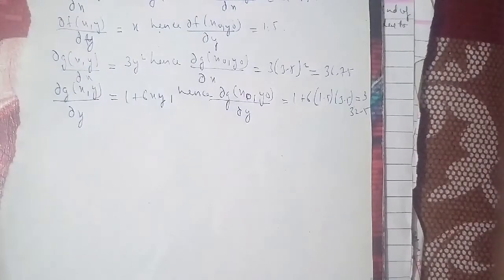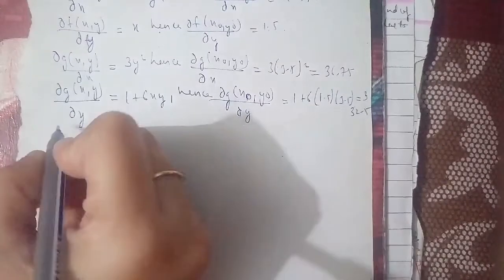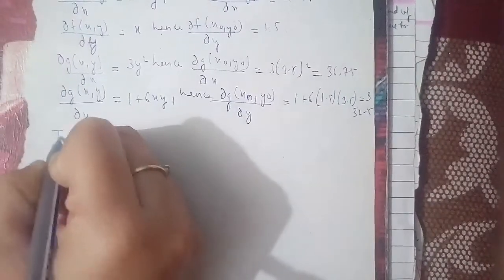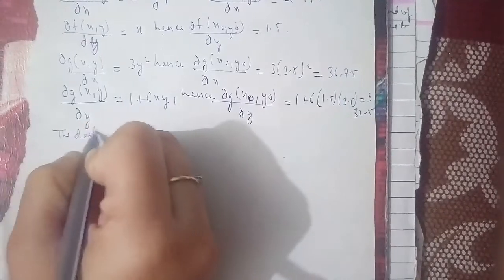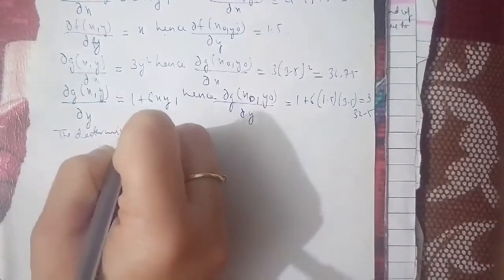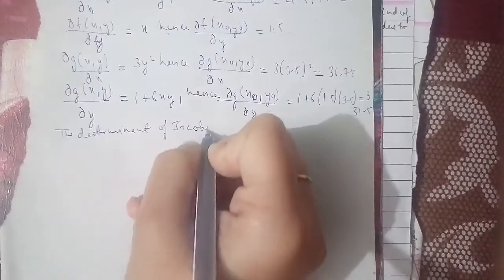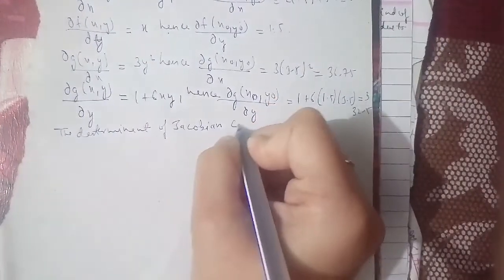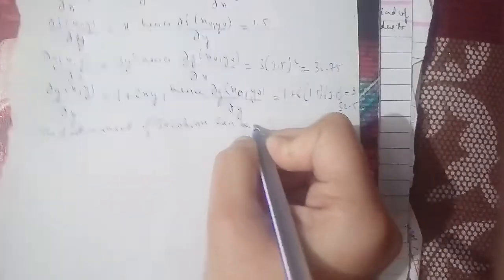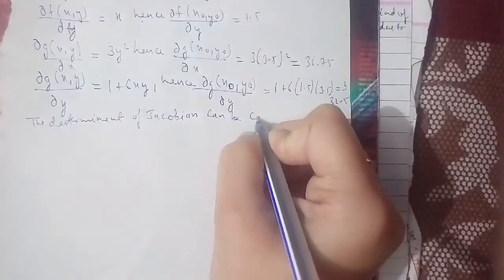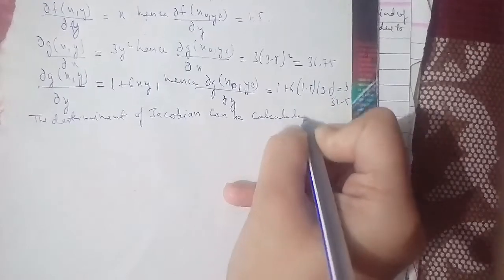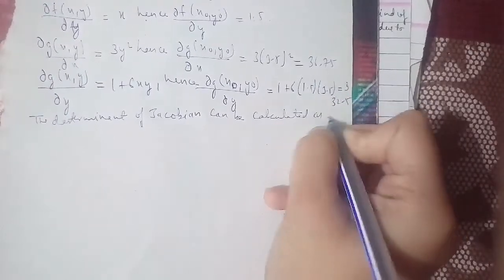So we go ahead, and the determinant of the Jacobian can be calculated as follows.